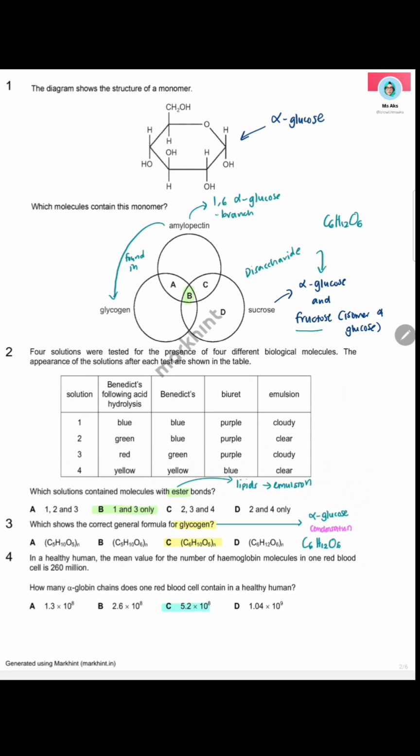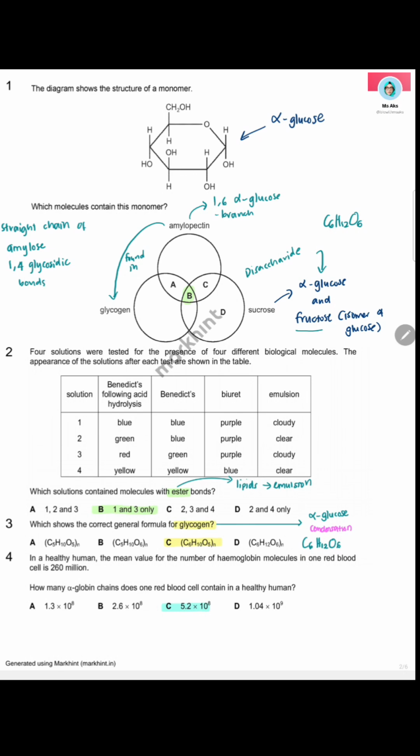Just for the sake of revision, starch and glycogen also have the straight chain of amylose, which is from the connection of 1,4 glycosidic bonds. That's why they are straight chains.